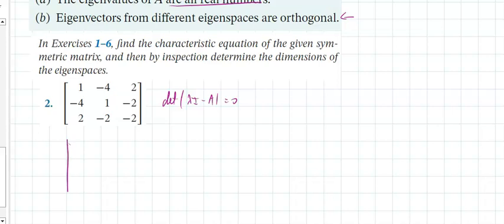So I'm looking at lambda minus 1, negative 2, negative 2, lambda minus 1, a 2, a 2, and a lambda plus 2.